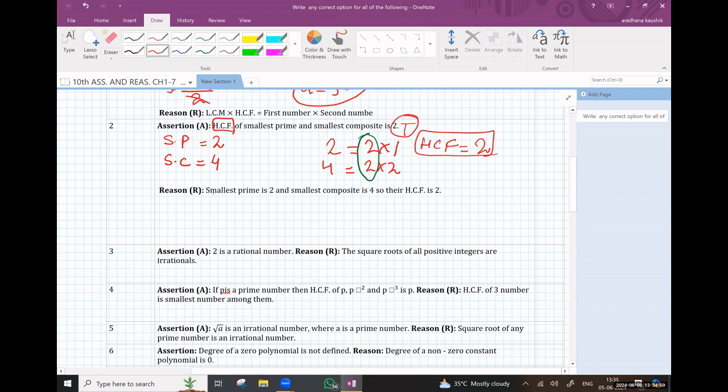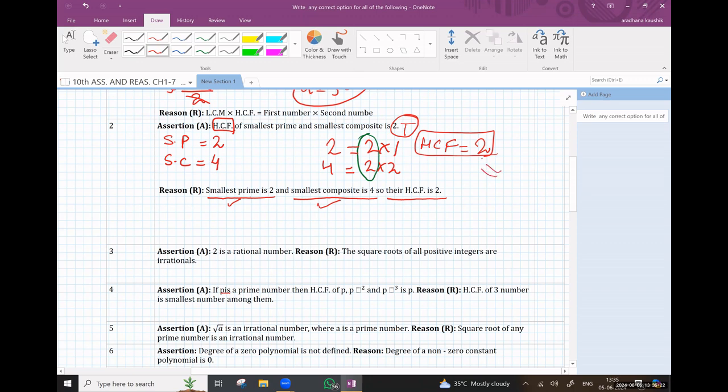Now the reason is smallest prime is 2 and smallest composite is 4. Yes, we know that smallest prime is 2. This is true. Smallest composite is 4. So their HCF is 2. Yes, we have done this in assertion in this part. So we can say this is true.